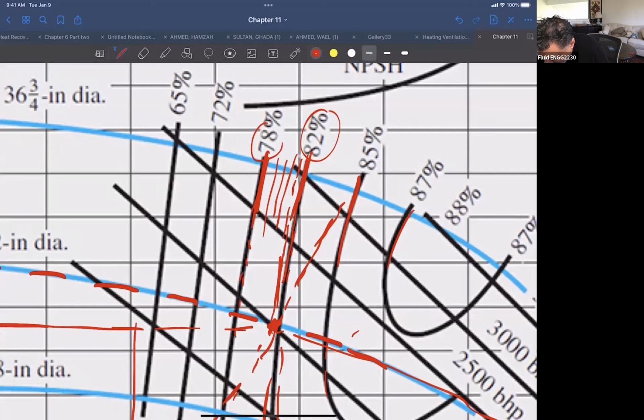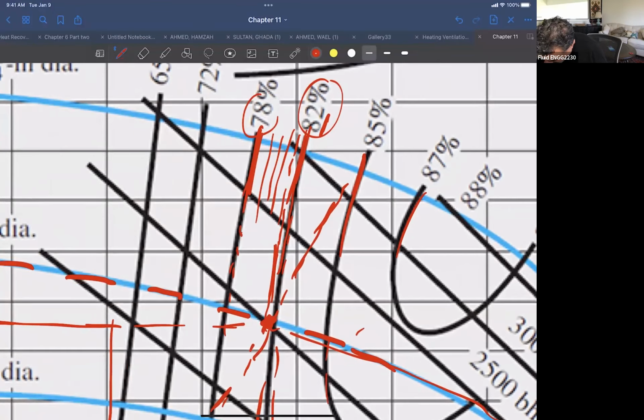This might be something just smaller than 82%. So I can say this is 80.5 or 81, something like that, right? If you say 82%, I'm fine too, right?